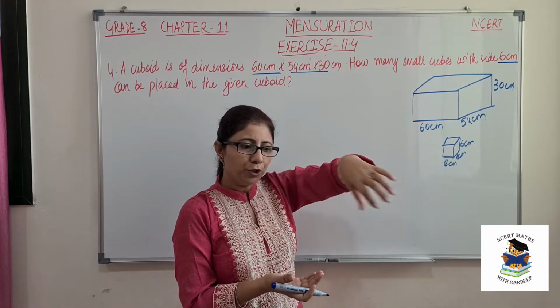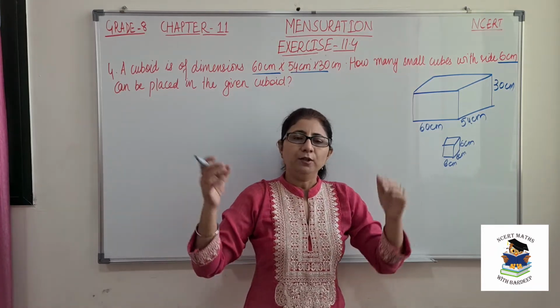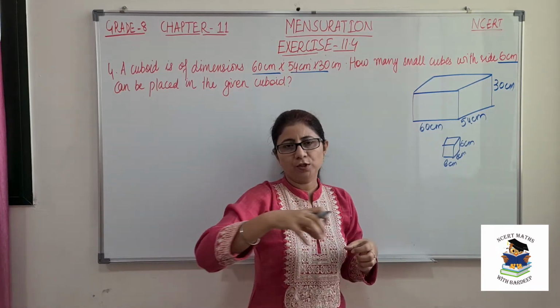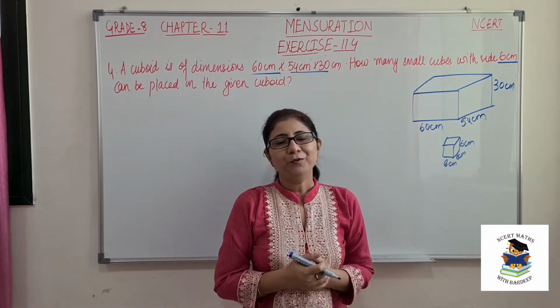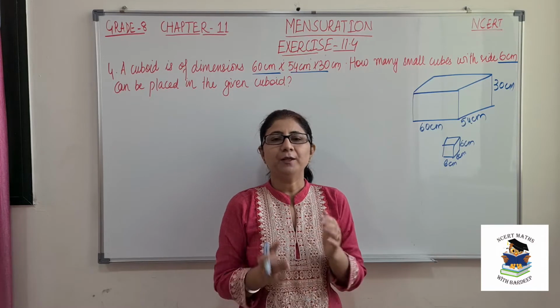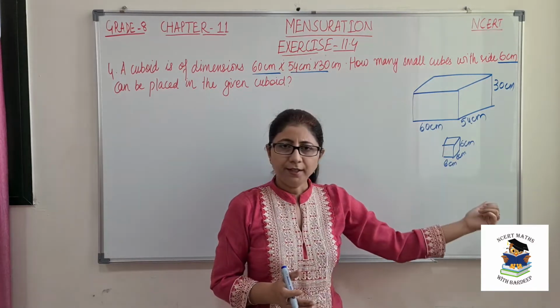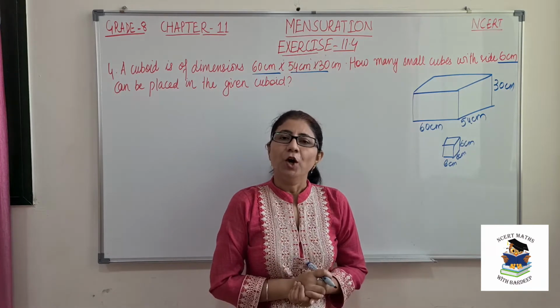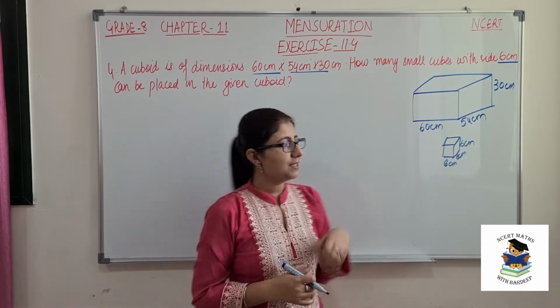So that means we should know what is the capacity of this bigger cuboid in which we can fit so many small cubes. So whenever it is about capacity, what we will do? Volume. So that means we have to find the volume of both cuboid and cube, and then we will see how many cubes can be fitted inside that cuboid. Okay, so let's start.